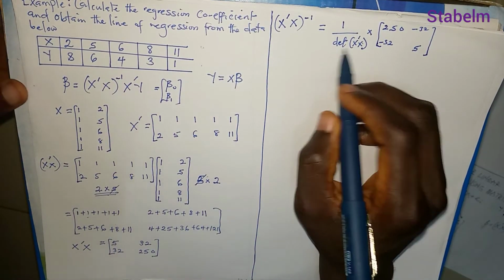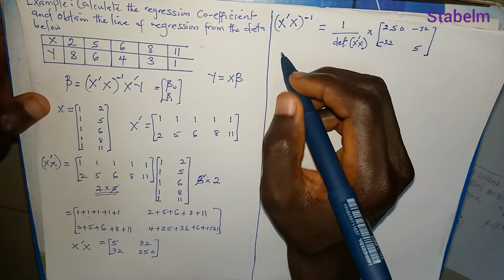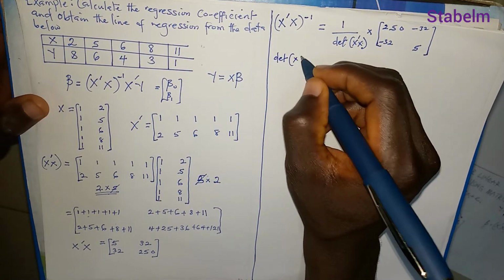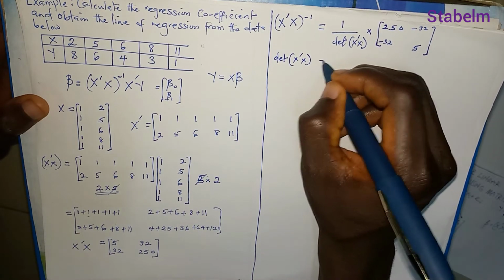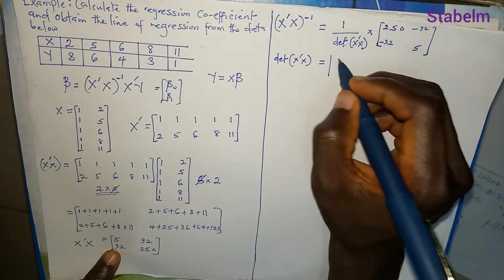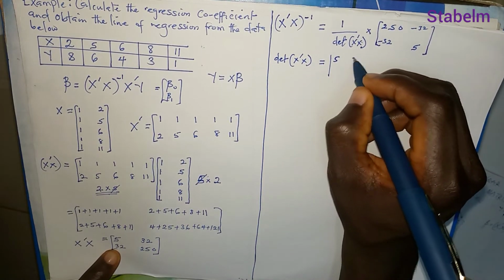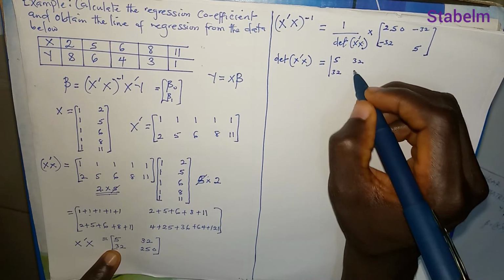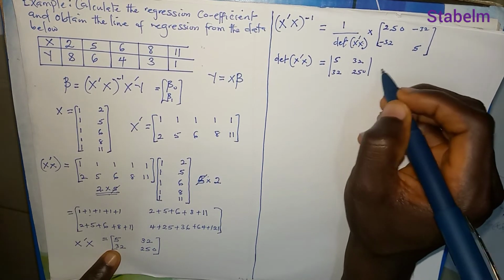Now, what do we need? We need to find the determinant of x prime x. So, determinant of x prime x equals the determinant of 5, 32, 32, and 250.